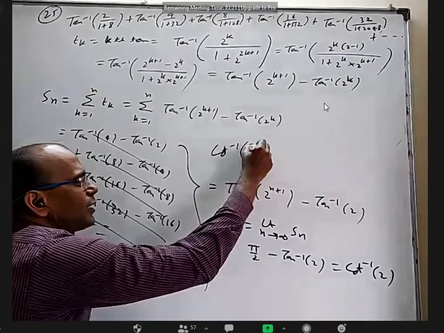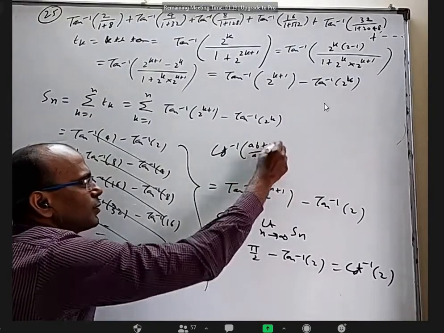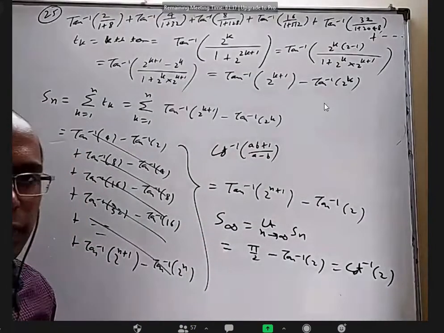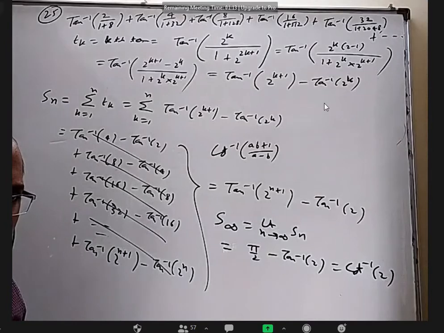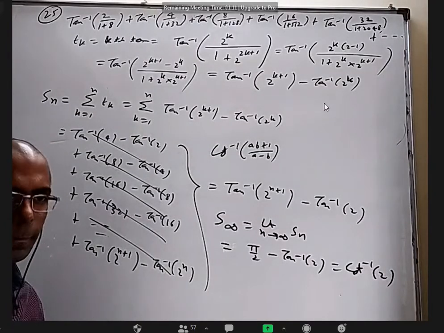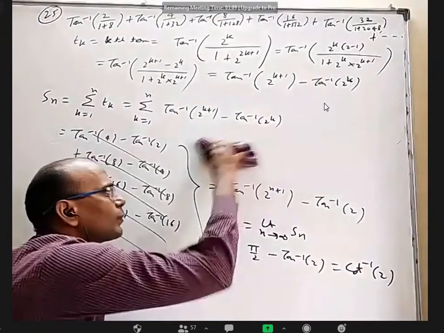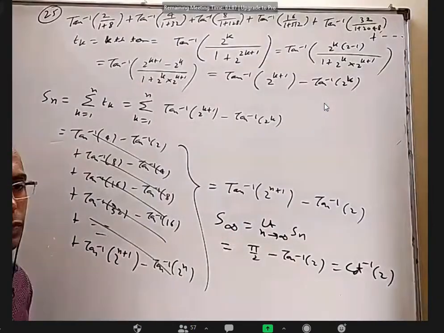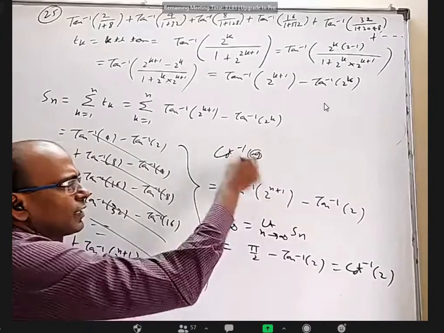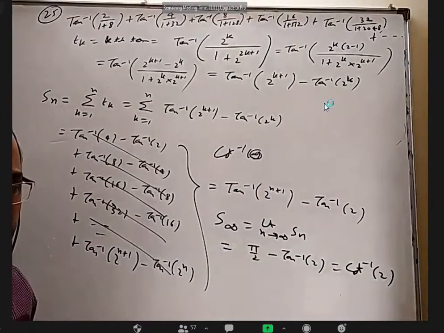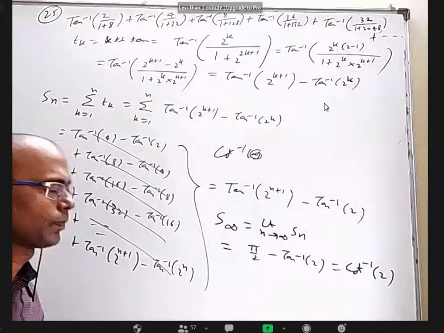Cot inverse of (AB plus 1) by (A minus B) is not cot inverse A minus cot inverse B. It is cot inverse B minus cot inverse A. And you also have to recognize cot inverse infinity. That is, when something is tending to infinity, cot inverse of that will tend to 0.